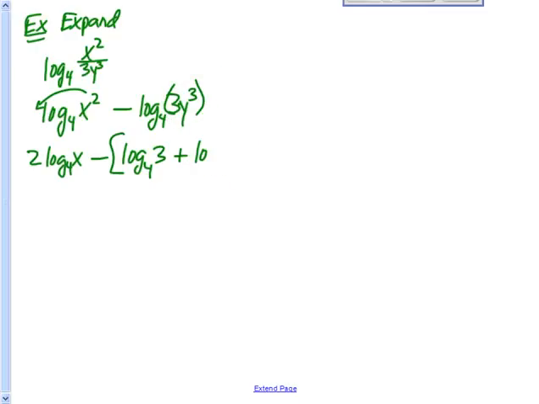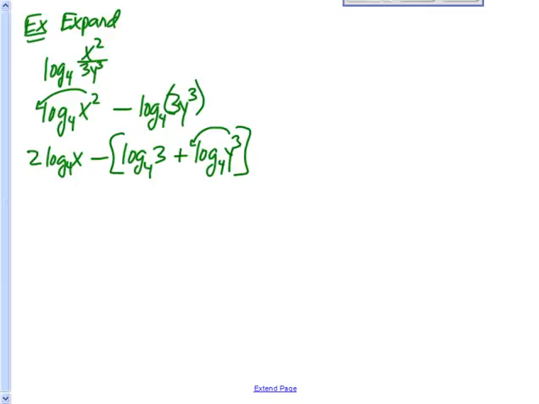Sorry, log base 4 of y cubed. You notice I put that in brackets so that I wouldn't forget that the minus pertains to both terms there, the entire log base 4 of 3y cubed, which we expanded. Now you notice the y cubed, so that goes down in front.